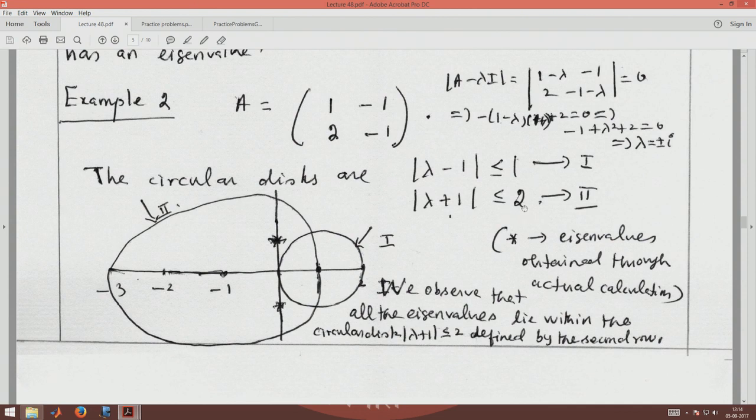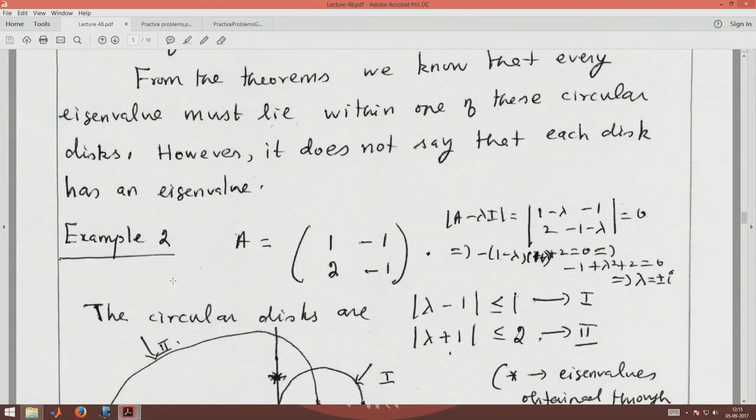So, these are the two Gershgorin circles, and the eigenvalues i and minus i lie in the union of these two circles, as given by Gershgorin's theorem. We observe in this case that both eigenvalues, plus i and minus i, lie within the disk given by modulus of lambda plus 1 less than or equal to 2, which is defined by the second row.